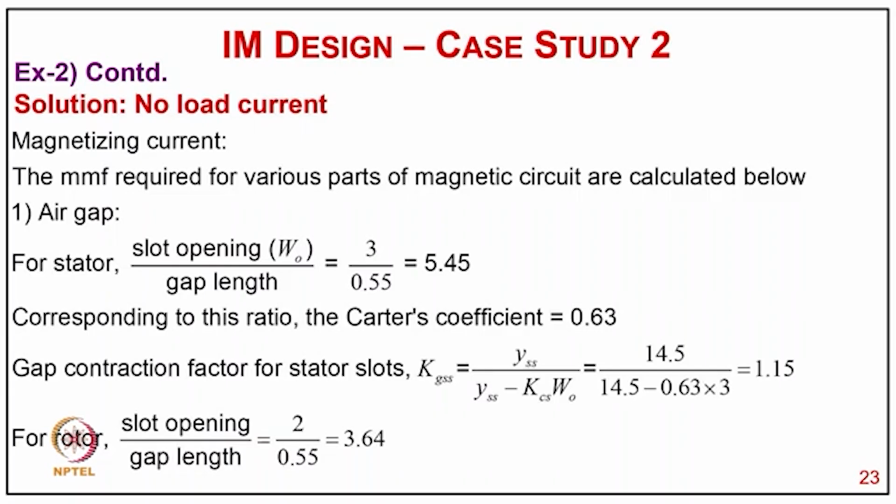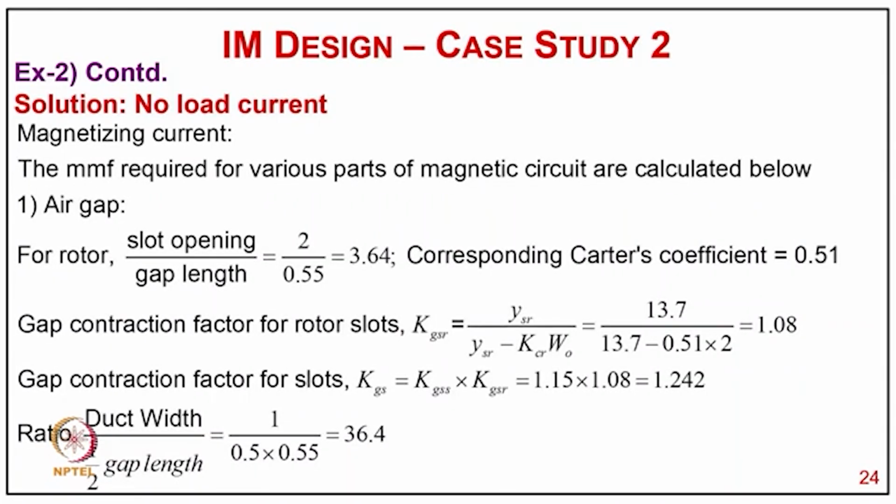And for rotor slot opening upon gap length, 2 upon 0.55, this comes 3.64. Corresponding Carter coefficient is 0.51, and gap contraction factor KGSR equals YSR upon YSR minus KCR into W0R, so it comes 1.08.